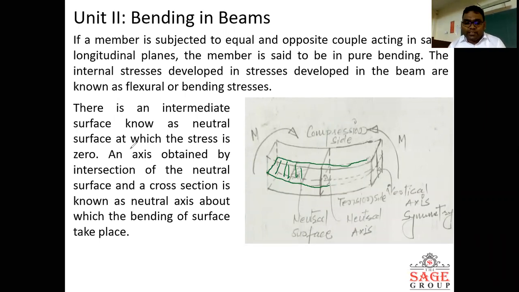The axis is obtained by intersection of the neutral surface, which you already know, with the cross-sectional area of the beam.